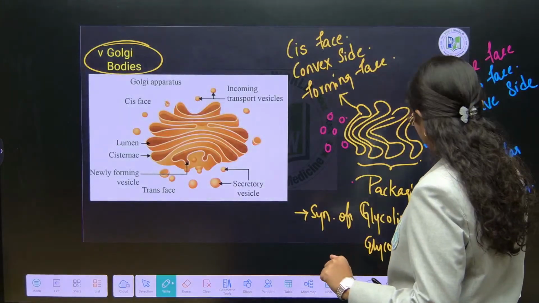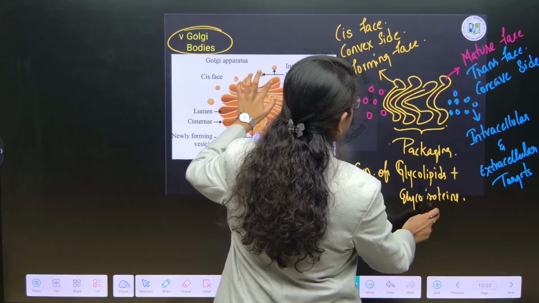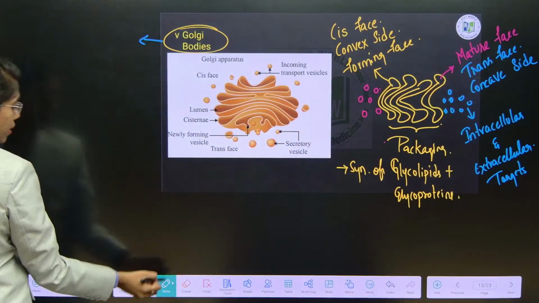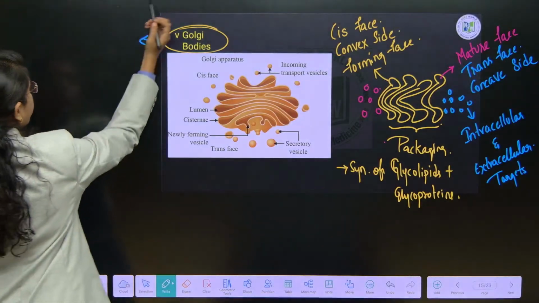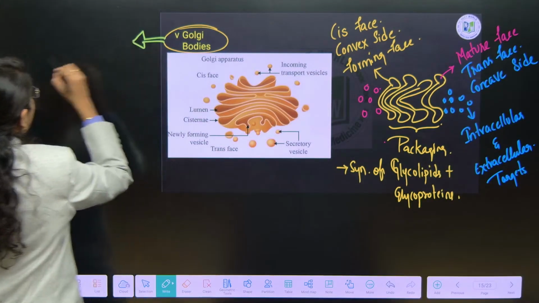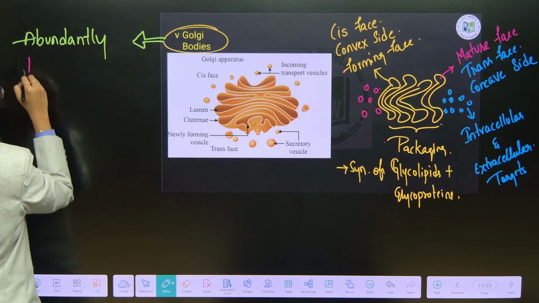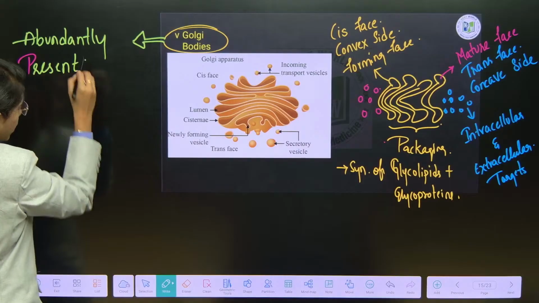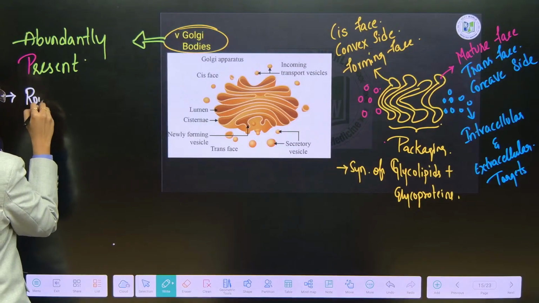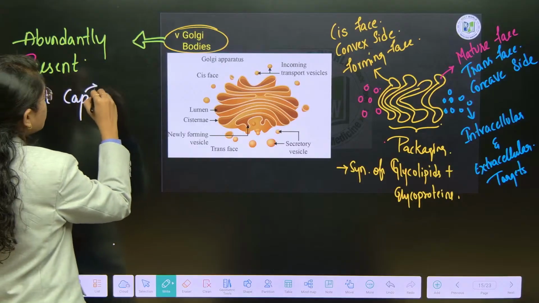So here we go. First thing, Golgi bodies are abundantly present. Take down, very important. They are abundantly present in the root cap of a root, wherein this will promote positive geotropic movement.